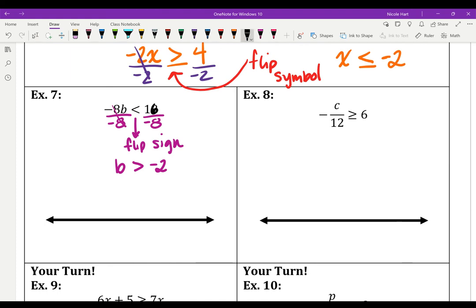So looking at my number line, I'm going to do negative 2, negative 1, 0, negative 3, negative 4. It is going to be an open circle, and b is larger than negative 2, so it's going to go to the right. So open circle and shade to the right.